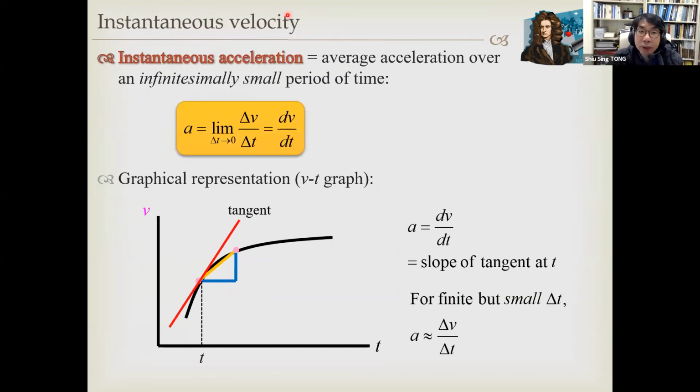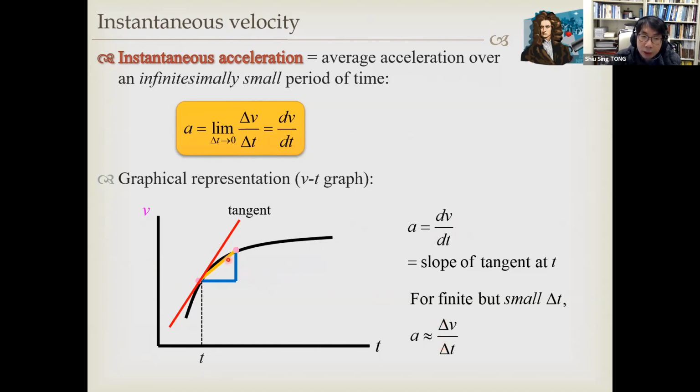But again, we are interested in the instantaneous value. So we define the instantaneous acceleration as the average acceleration over an infinitesimally small period of time. So we take the limit delta t tends to 0 and delta v over delta t becomes dv dt, okay? And that is the derivative of the velocity with respect to time. And the graphical representation is similar to that of the displacement.